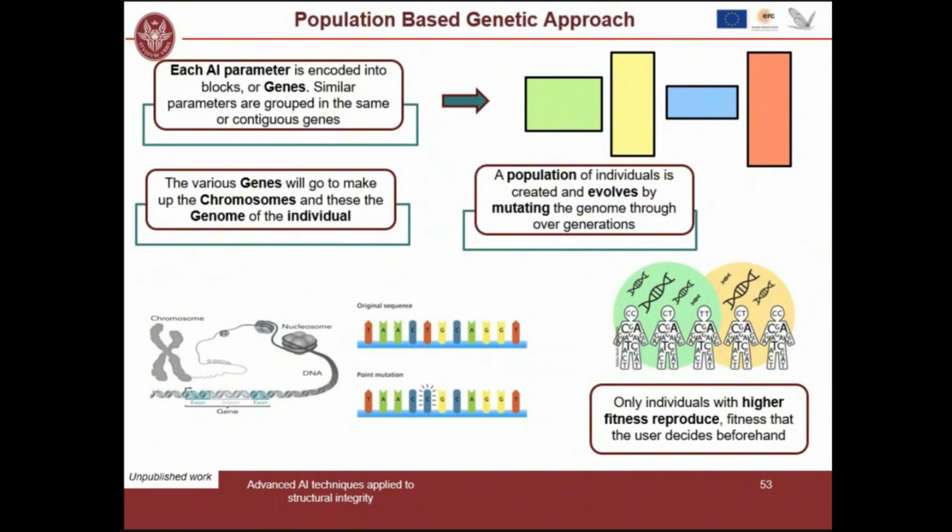I initialized a population of individuals with the value of each gene chosen randomly between two intervals, of course. And I let the population evolve. But how do I compute the fitness of this population? Because of course, only the fittest individuals can mate, reproduce, and carry on their genetic information to the next generation.